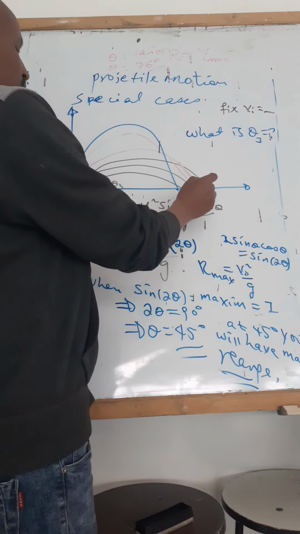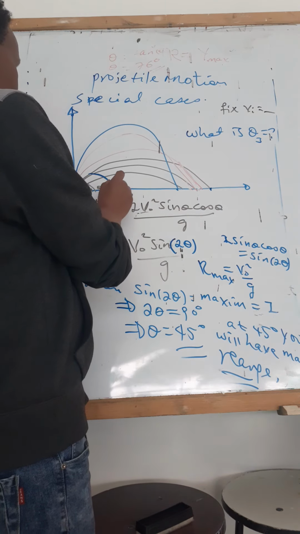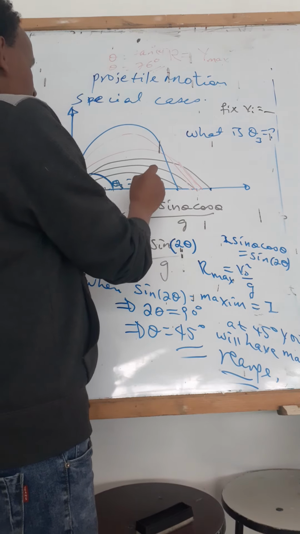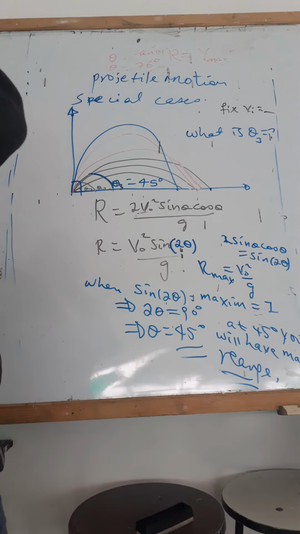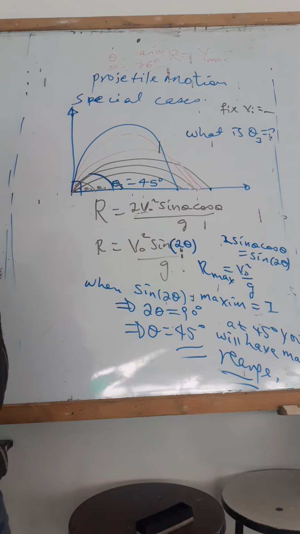So this angle theta in our diagram has to be 45 degrees. So you will have maximum range at 45 degrees initial projection angle, and you will have maximum height when you project an object vertically up, which is an angle of projection of 90 degrees.